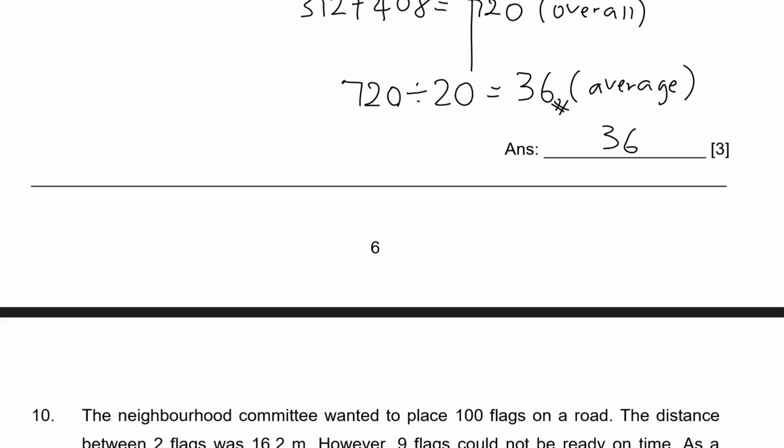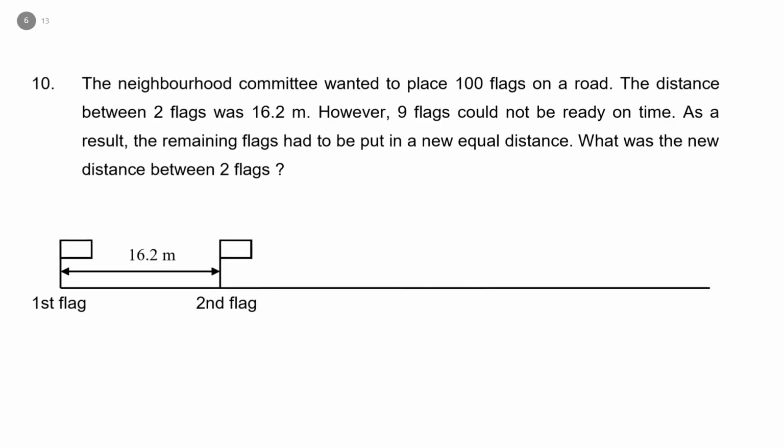Let's go on to question 10. Alright, now the neighborhood committee wanted to place 100 flags on a road. The distance between two flags was 16.2 meters. So now if you recall, this totally looks like one whole entire unit, because it looks like a model itself.